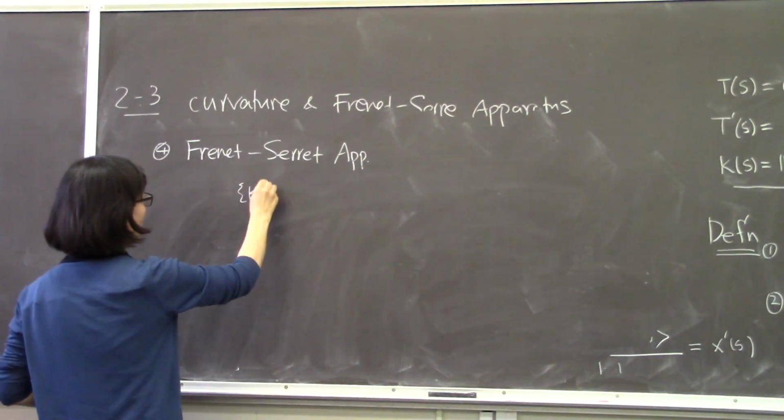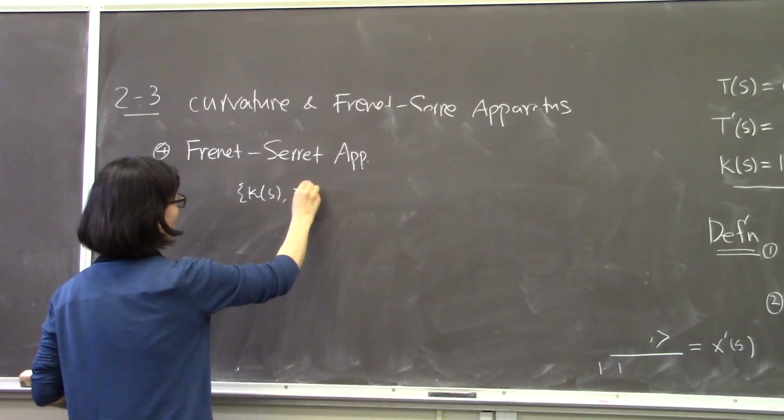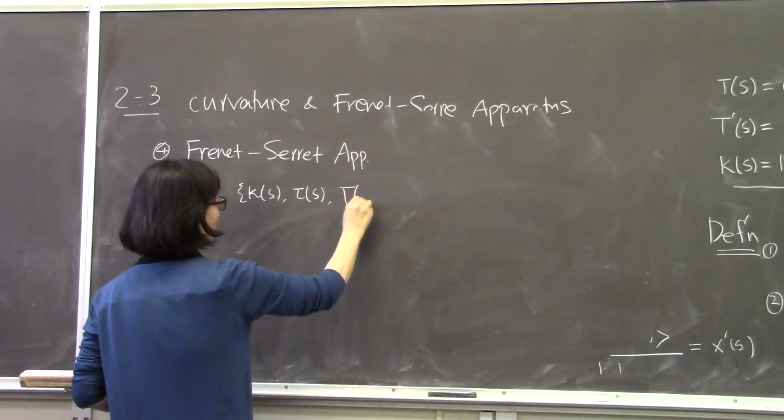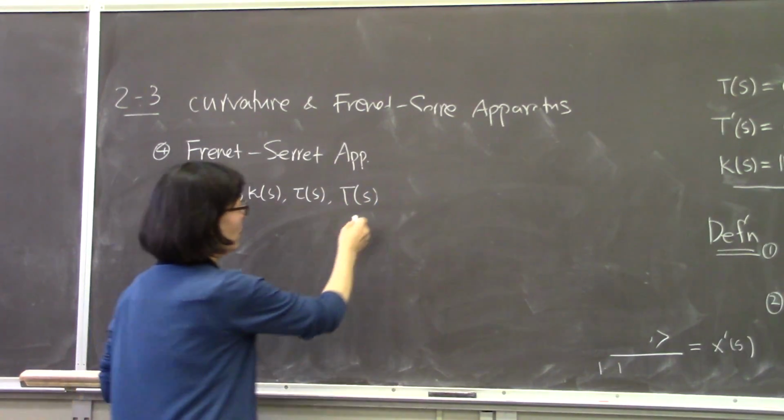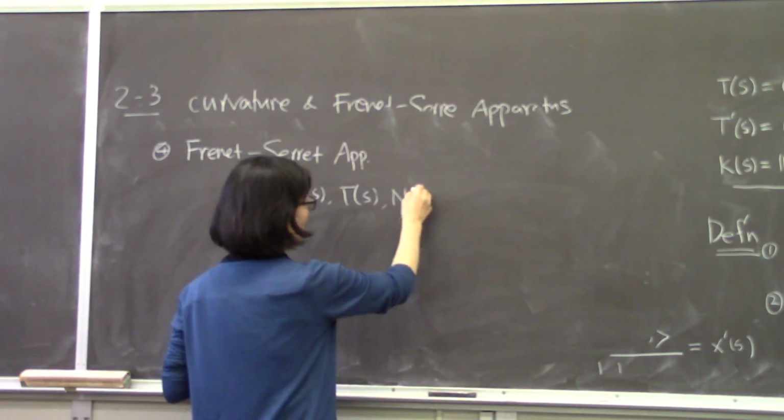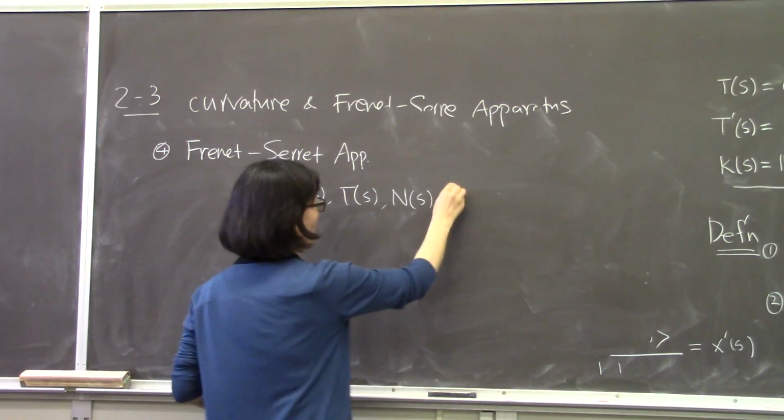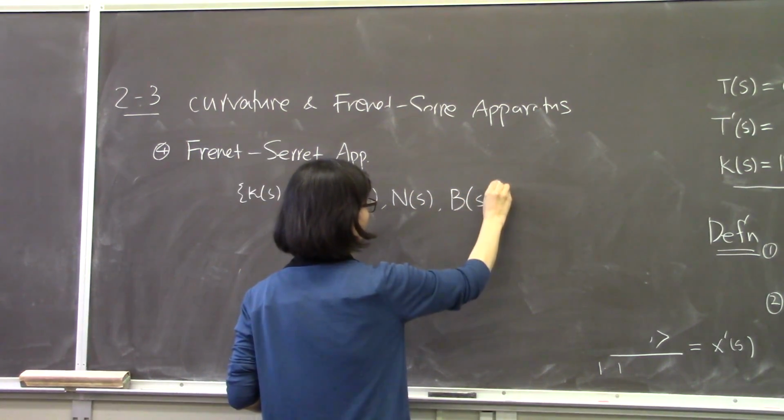We have a curvature, we have a torsion now, we have a unit tangent vector, a principal normal vector field, and a binormal vector field.